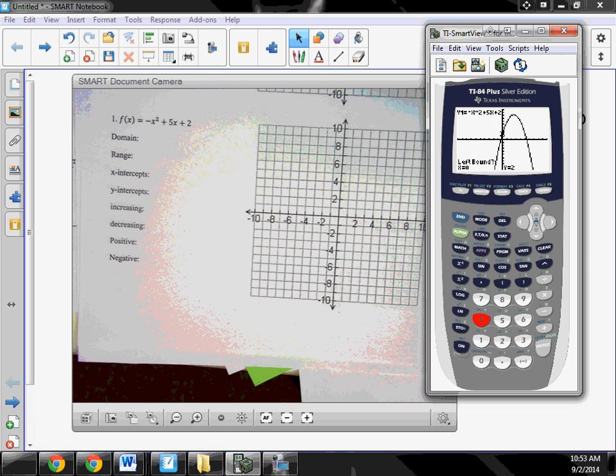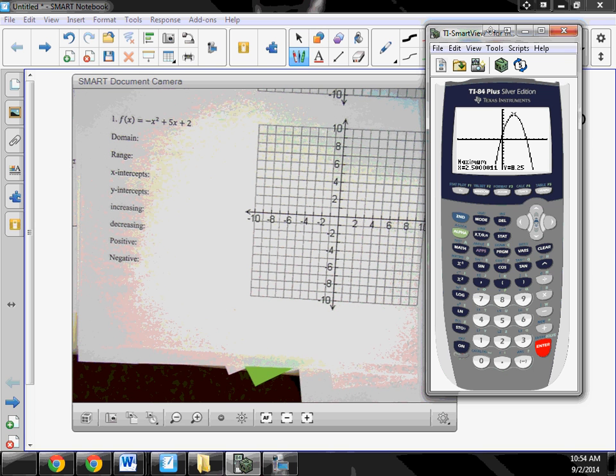It looks like the maximum occurs at 3.5. So my left bound, I'll pick 2. My right bound, I'll pick 4. And my guess, I'll pick 3. And it says that the maximum is at 2.5, comma 8.25.